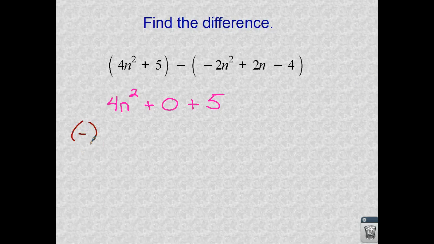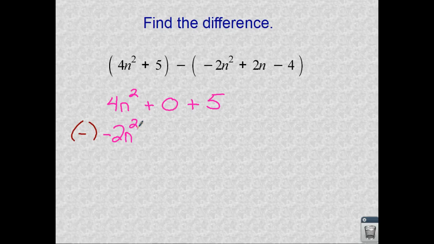In the second polynomial, or the trinomial, let's look for common terms. So I have a second power of negative 2n squared. So don't forget about your sign in there. Negative, let's use the same color. So negative 2n squared.